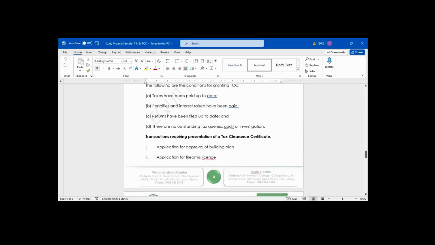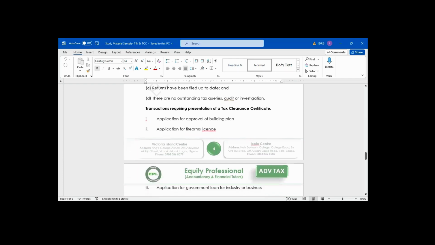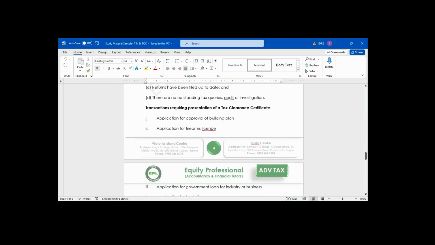Number one, application for approval of building plan. If you want government to give you approval of building plan, government will ask for your tax clearance certificate.